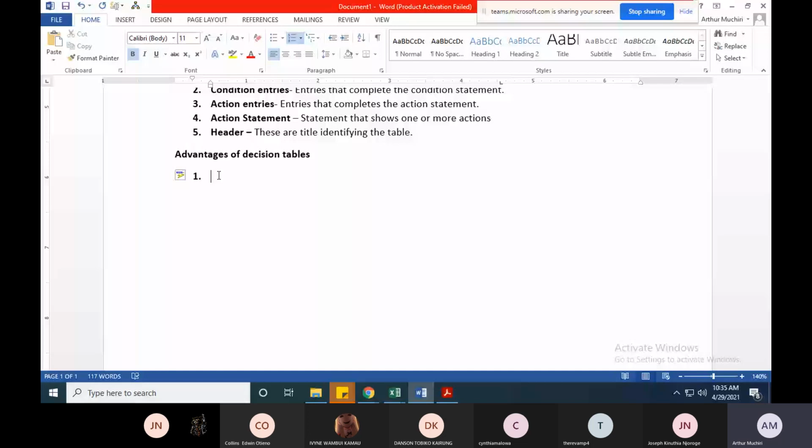Number one of the advantages of decision tables is that it summarizes all outcomes of a situation and suggests a suitable action.